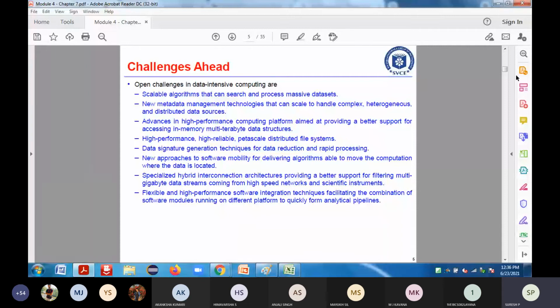So wherever the technology is involved with respect to cloud computing and the images related to that particular technology, it is going to retrieve from there. For that particular purpose, you require the data signature. So that data signature generation technique should be there for data reduction and rapid processing.